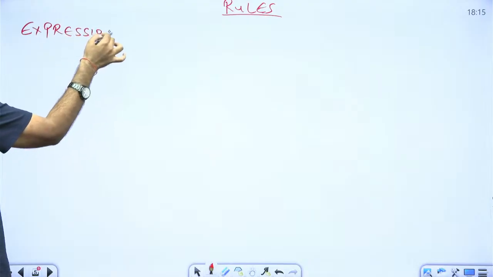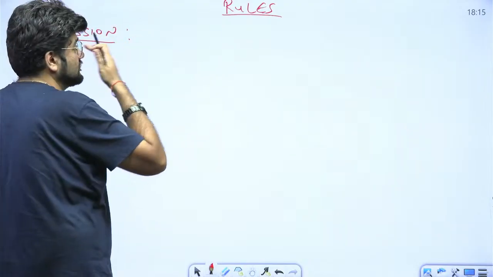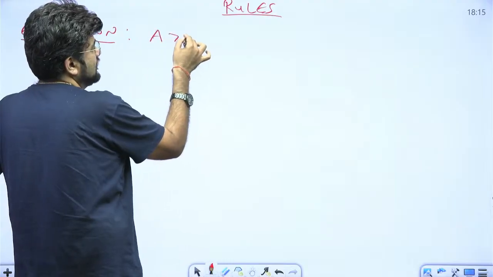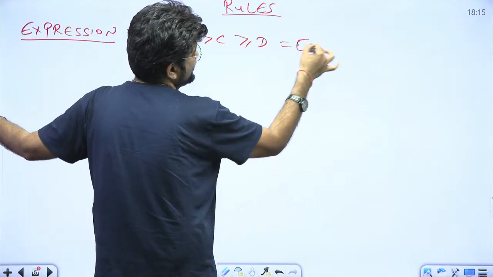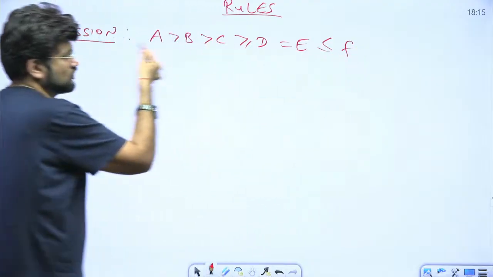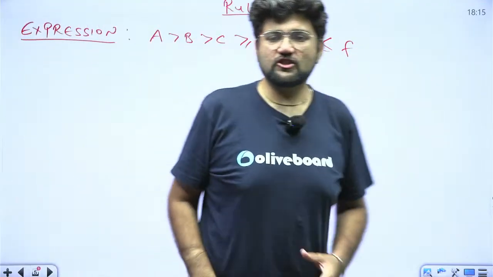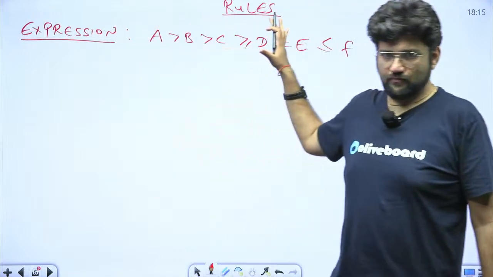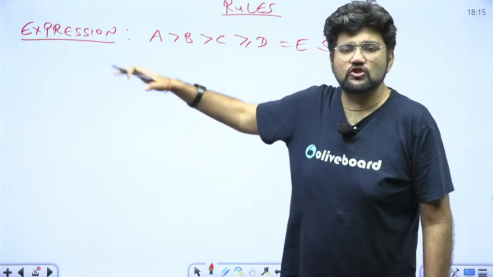In the examination, they will give you an expression. What is an expression? Just a combination of elements and symbols. Something like this: A is greater than B, is greater than C, is greater than equal to D, equal to E, is less than equal to something of this sort. This is an expression. So, in the examination, you will get an expression in front of you, and this will be the statement basically. And then they will ask you questions from this expression.